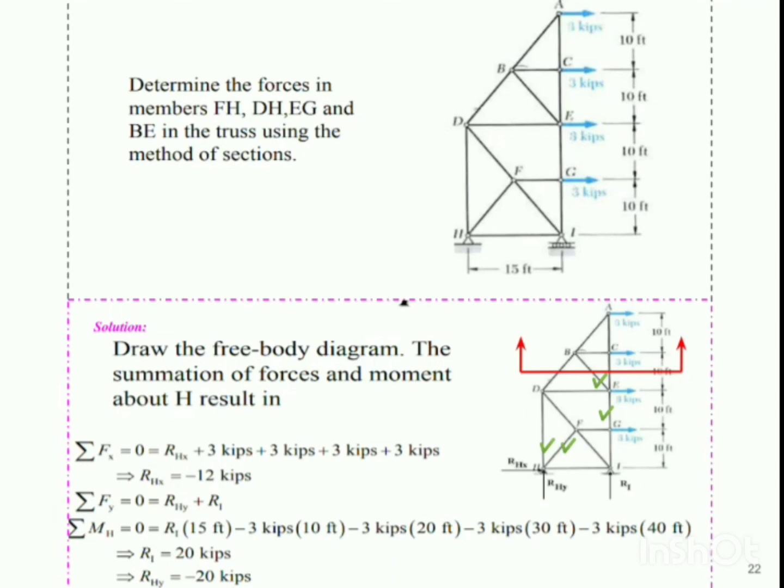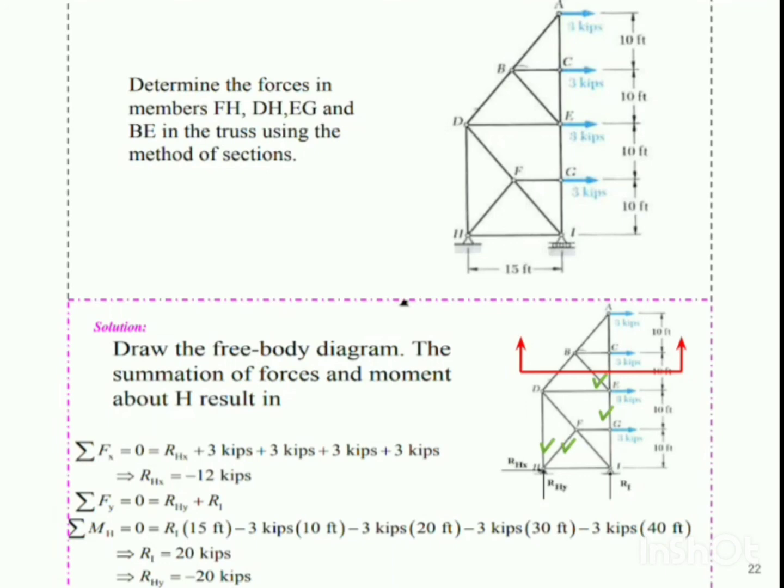Now in this example you can see SI system of units is not used. You can see the measurements and the magnitudes of the forces, they are given in kips, and the distances between the joints as well as the supports is mentioned in feet.